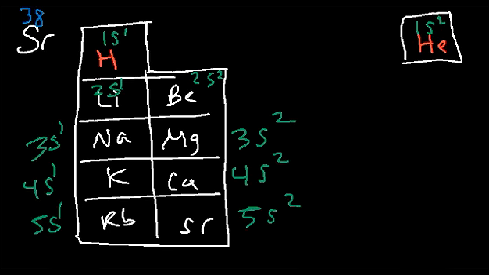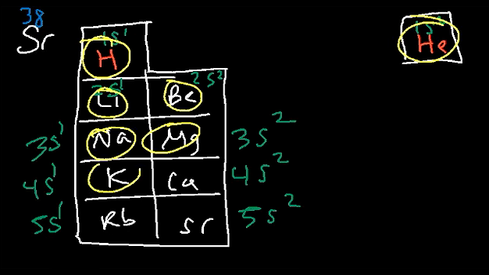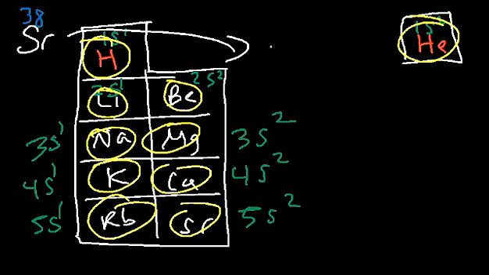So the quick way to find the number of s electrons is to count the elements in the s block. So helium is part of the s block. So that's 2, 3, 4, 5, 6, 7, 8, 9, 10. So strontium has 10 s electrons.